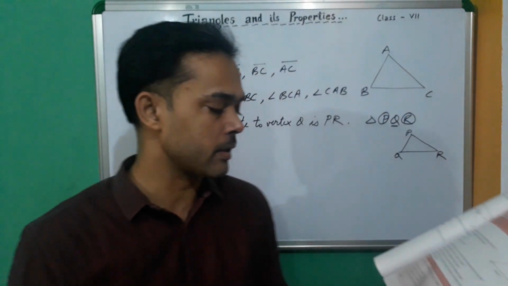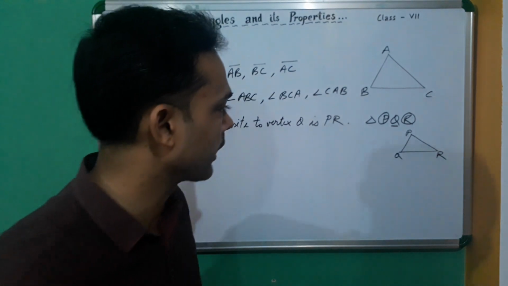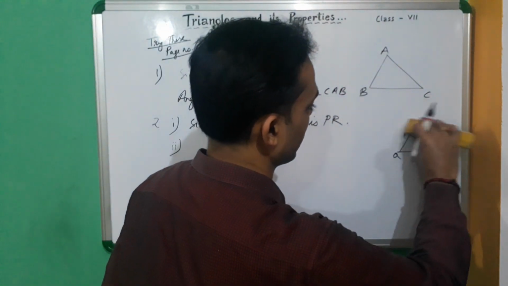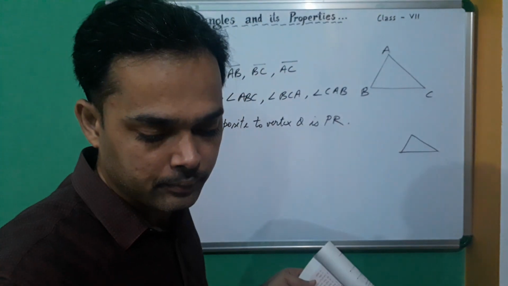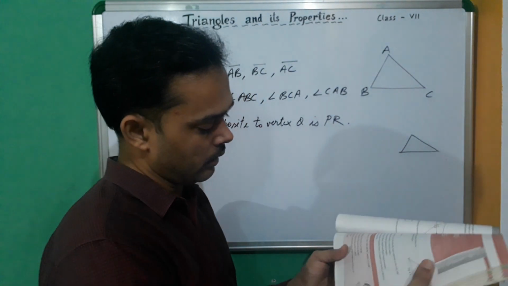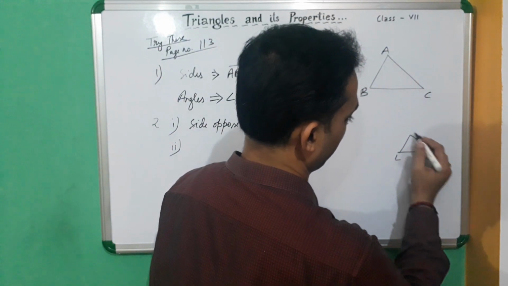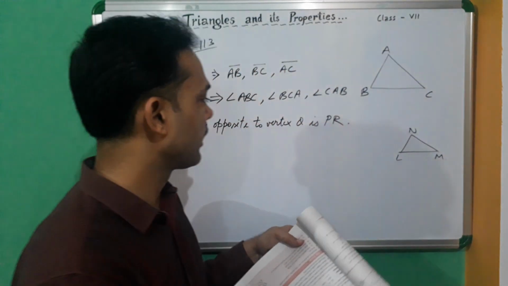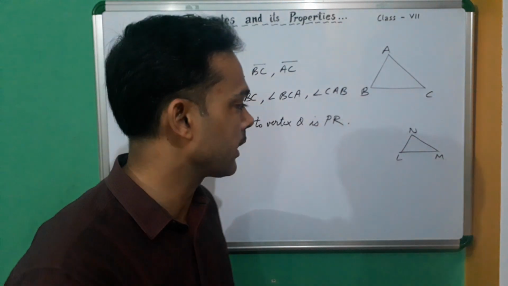In the second part it is said, angle opposite to side LM of triangle LMN. If this is triangle LMN, you have to find the angle opposite to side LM.